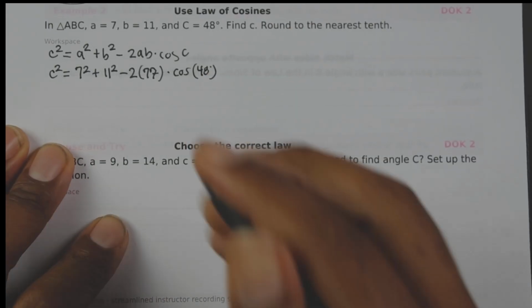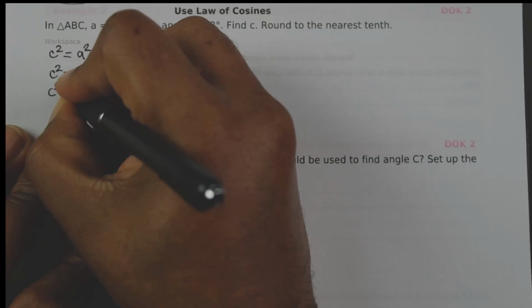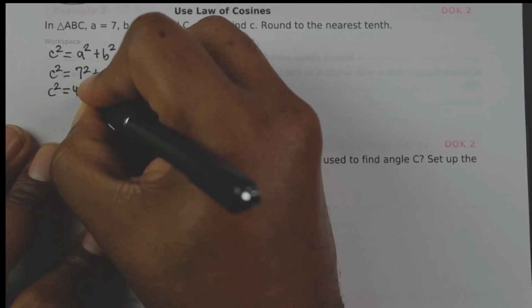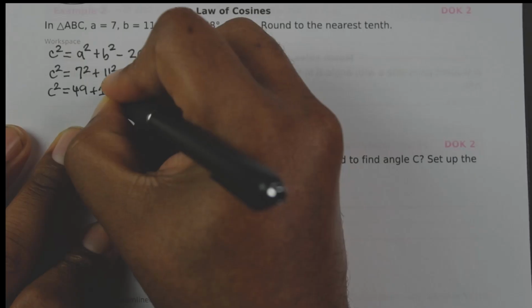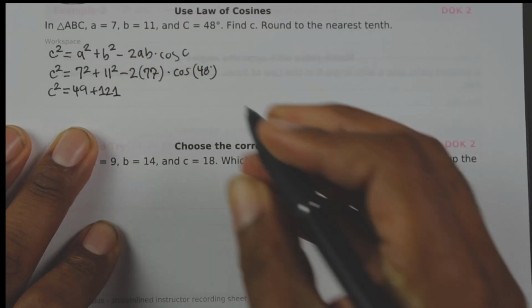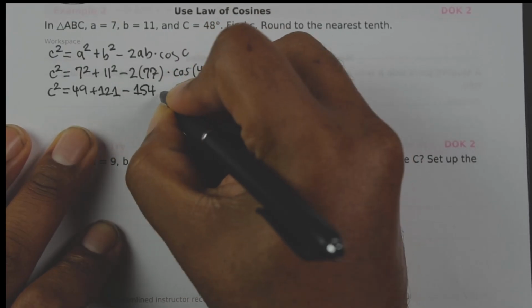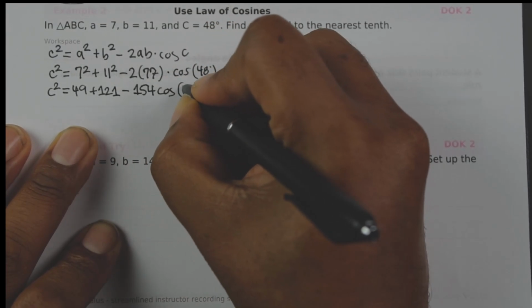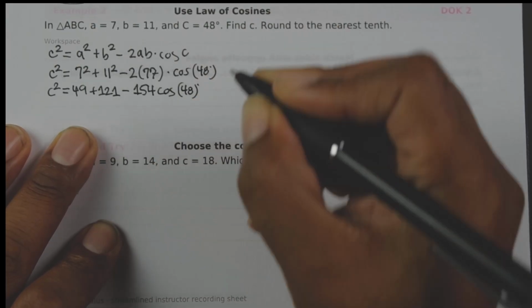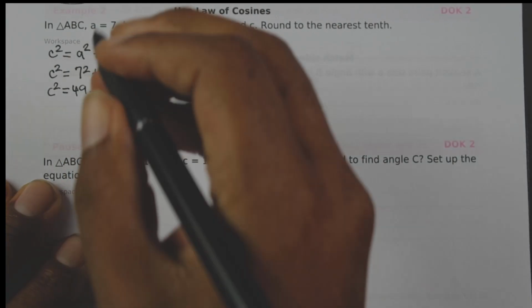Computing further, we have 49 plus 121 minus 154 times the cosine of 48 degrees.